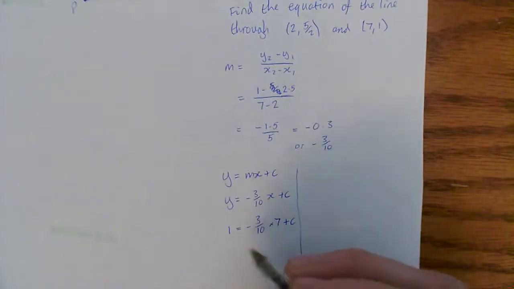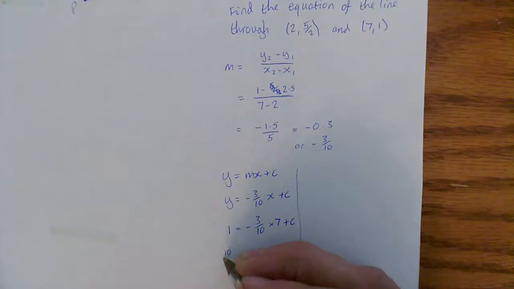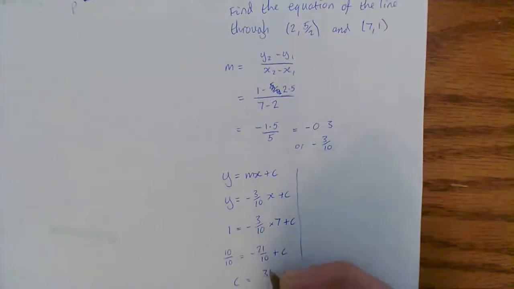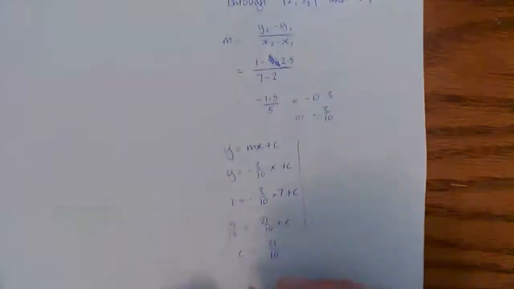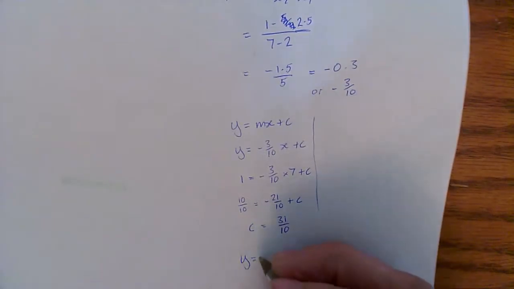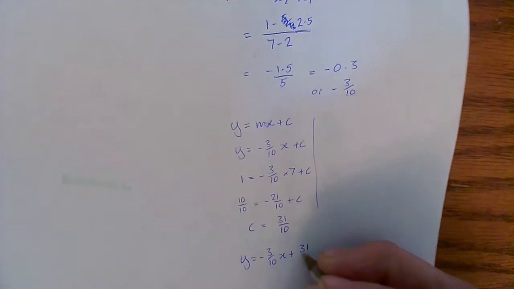That's 21 over 10. That's 10 over 10. And so c equals 31 over 10. So our final line equation, I'll get it on the screen, is y equals -3 over 10 x plus 31 over 10.